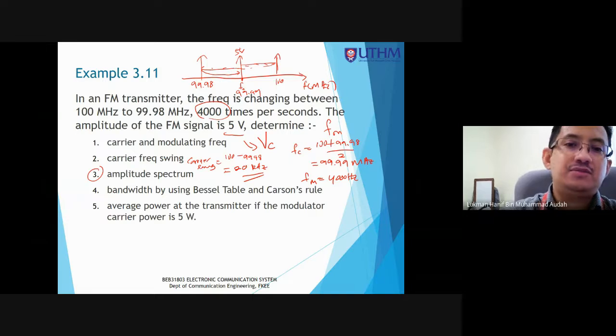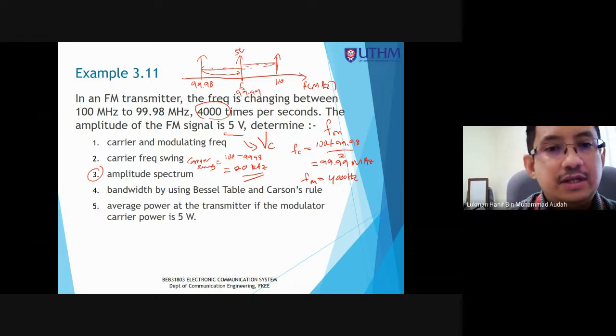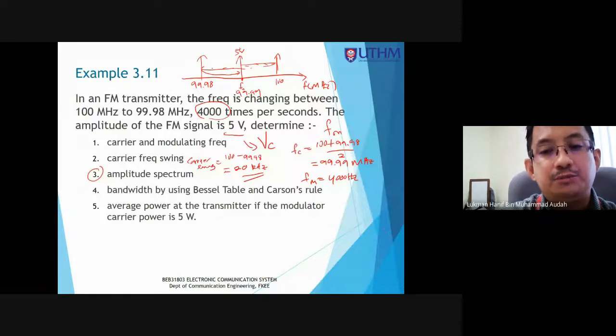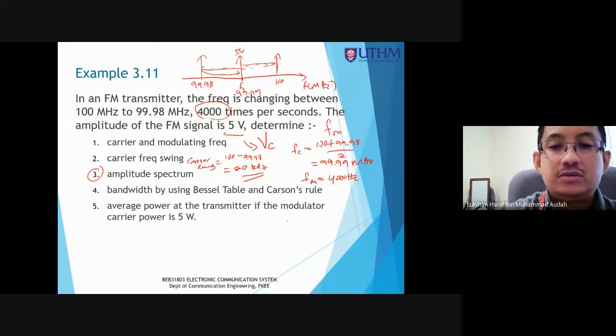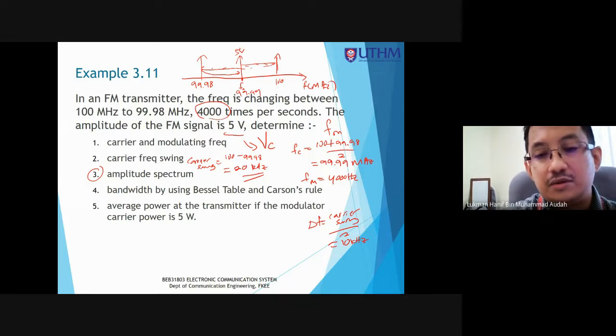How do we know the amplitude spectrum? If we look here, we can find the value of delta f. To find the amplitude spectrum, we need to know the value of beta and the value of n. So delta f is equal to carrier swing divided by 2, so we get 10 kilohertz.